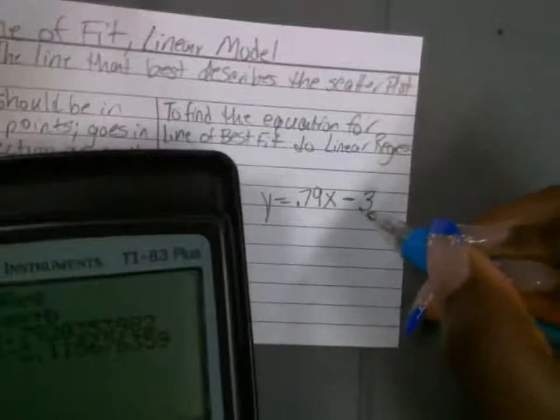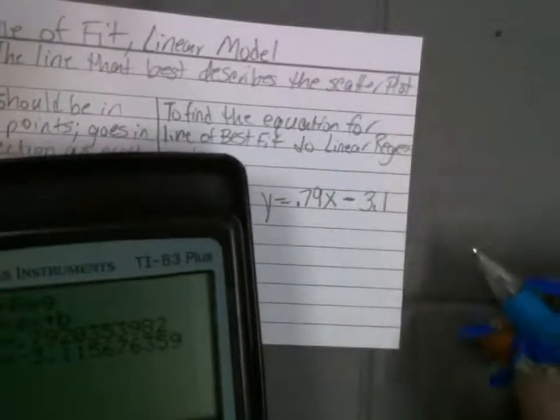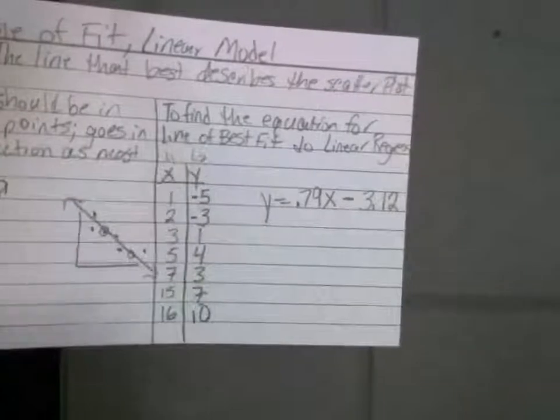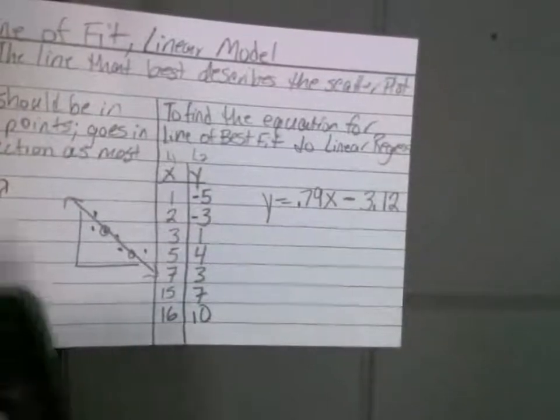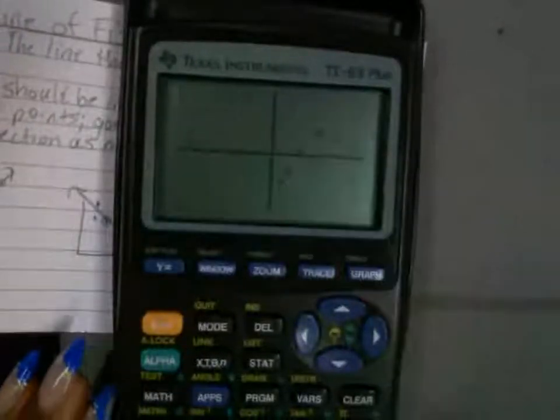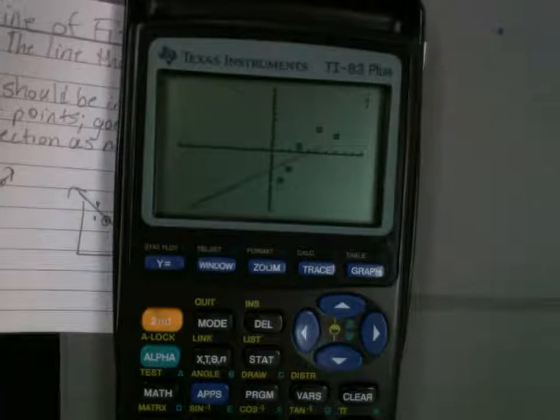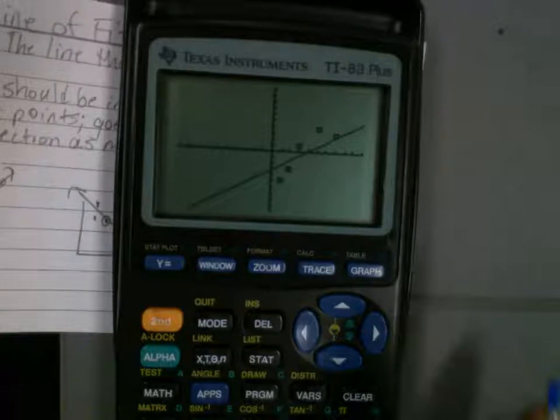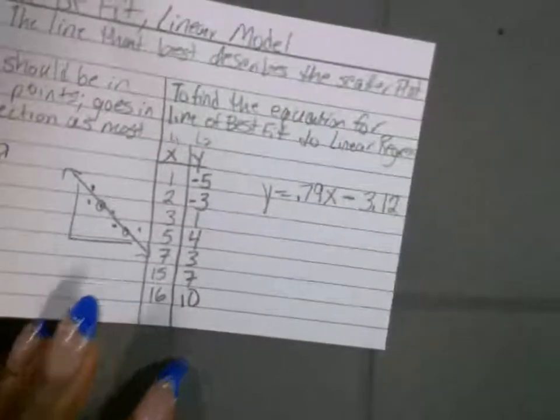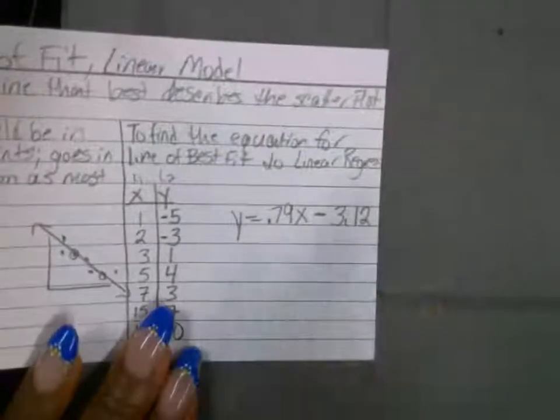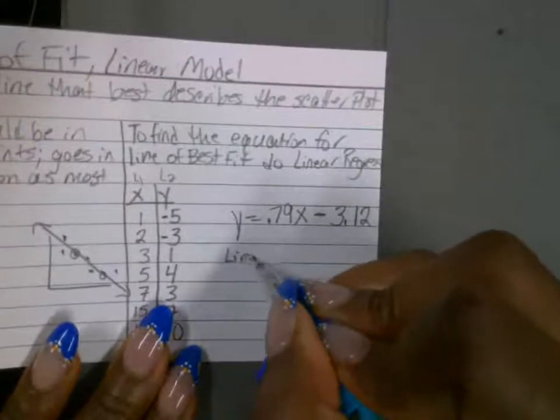So that's minus 3.1. Okay. Press the graph button so that you can see the line of best fit. There you go. This is your line of best fit.